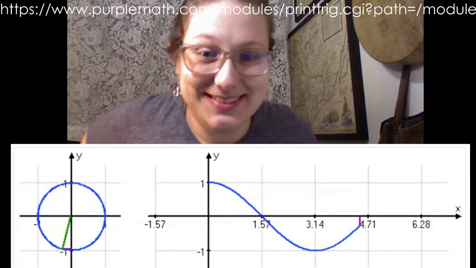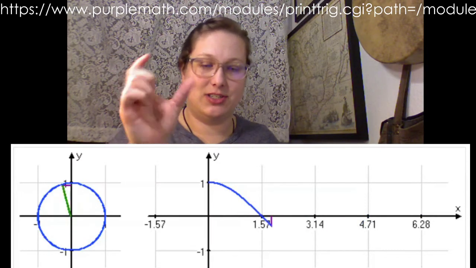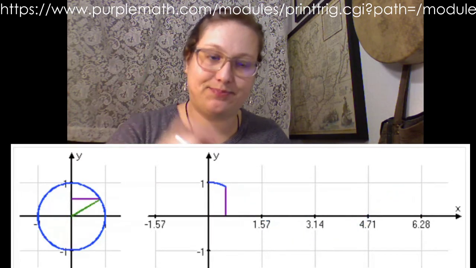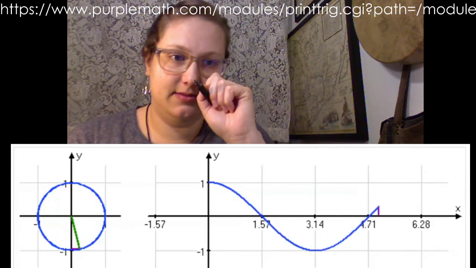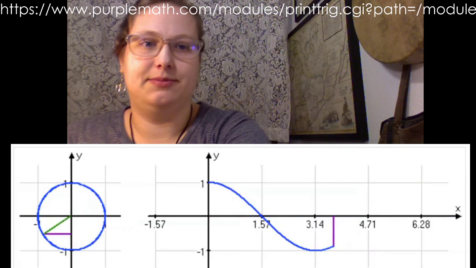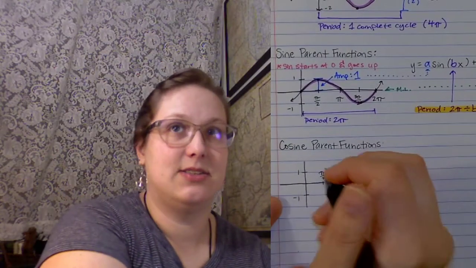There's cosine. Okay, same thing. But it's doing the x direction instead of the y direction. That's the purple line. And so cosine starts at 1 and then goes down. Same numbers. So cosine is going to start at 1.